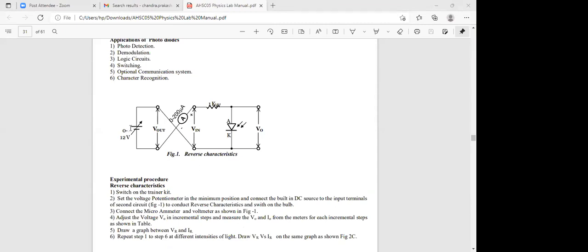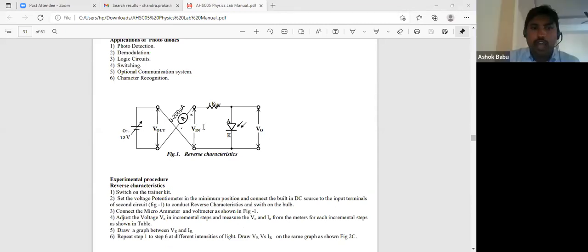Variable power source, ammeter, voltmeter, photodiode, resistor, and connecting wires. And an electrical bulb also, to vary the intensity. Those are the apparatus.